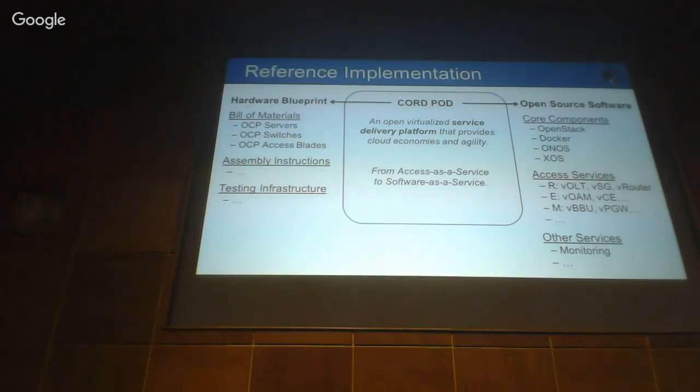When you download and deploy everything, you get OpenStack, Docker, ONOS, XOS, all working together to achieve the function of CORD. And then you have a set of access services, so R, E, and M. E and M are not integrated yet. The goal for the second release of CORD is to have integrated E and M-CORD. R-CORD is more or less integrated, but it still requires a few manual steps that we are working to automate.